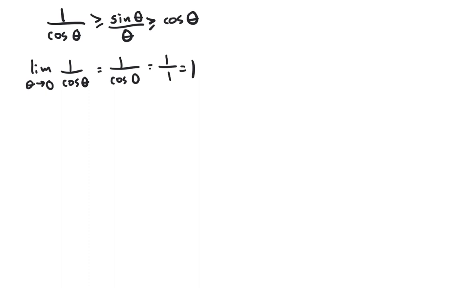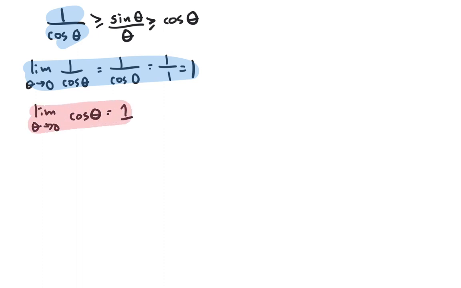And let me color that. That is, let's say, this blue part of our inequality. Now let's do the limit as theta approaches 0 of cosine theta. And similarly, we can just say that's 1. You plug in 0, you get cos of 0 is 1. And that'll be this red bit of our inequality.